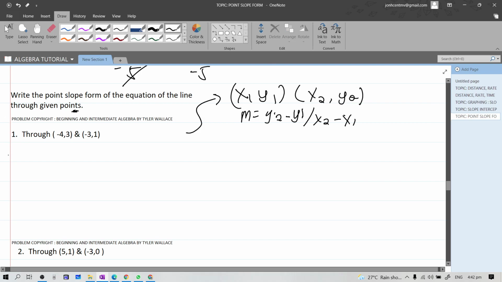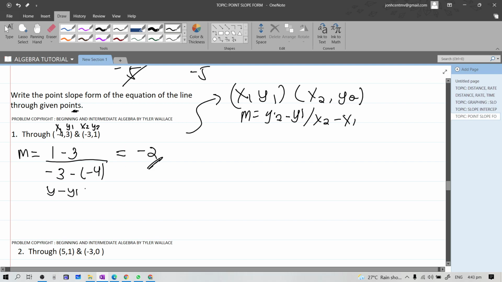So, we have m is equals to, what is your y sub 2? Ito labelan natin. Okay? We have 1 minus 3 over x sub 2 mo, which is negative 3 minus negative 4. Okay? So, we will get m as negative 2. So, that will be your slope. Okay? Since may slope na tayo, formulate na natin yung point slope form.